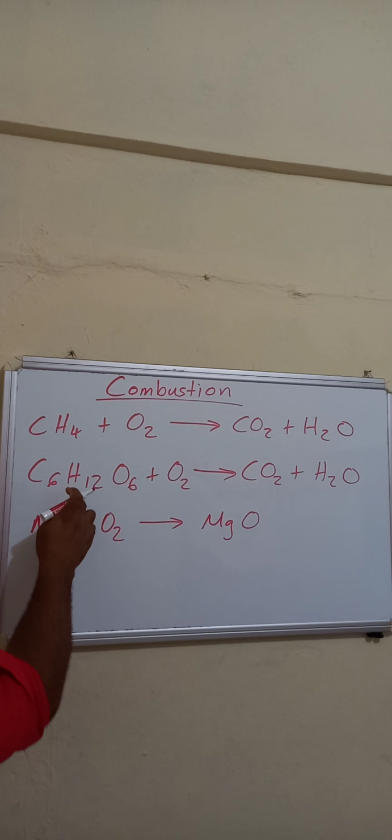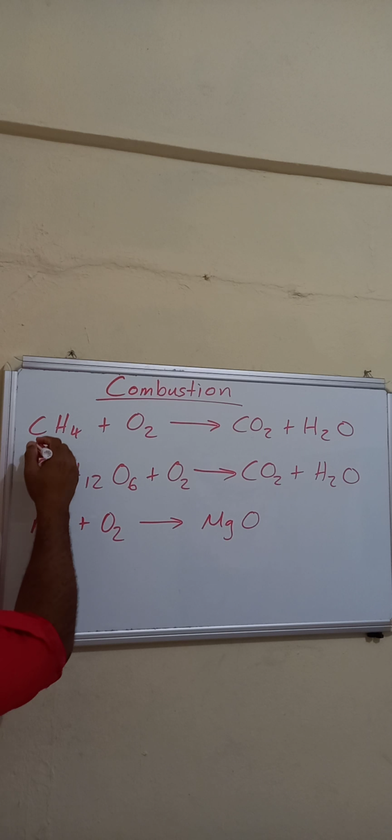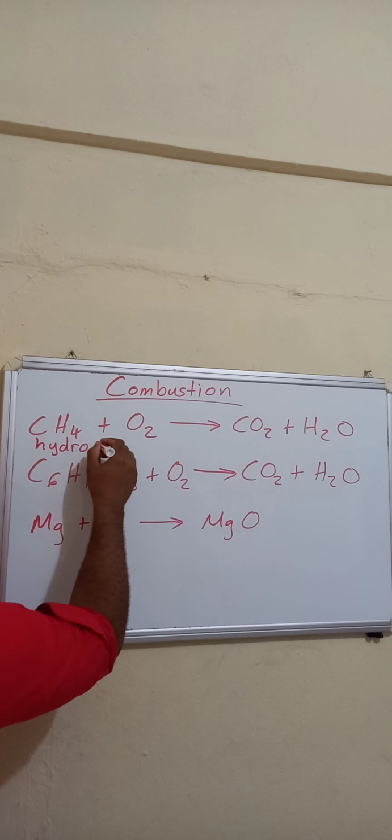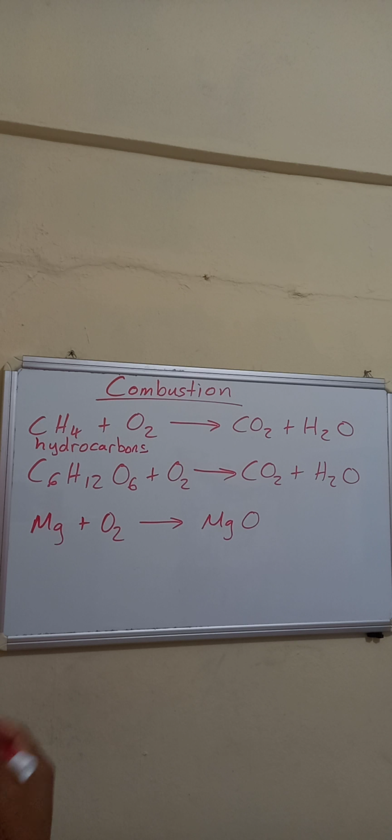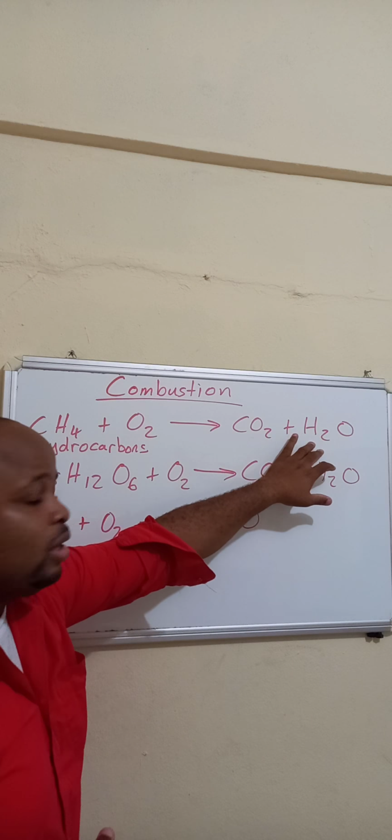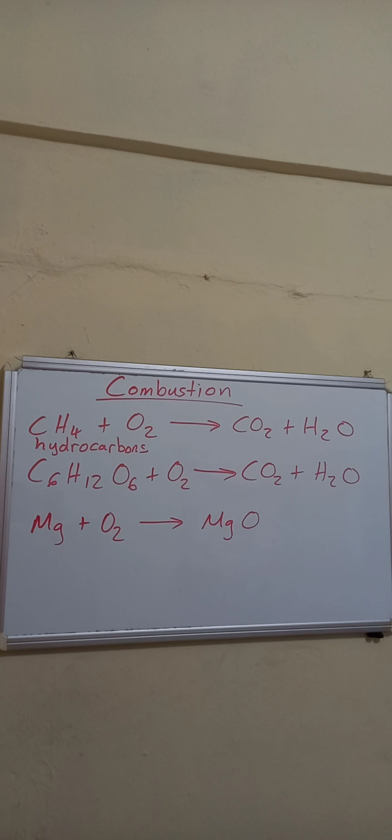So hydrocarbons, like propane, methane, all of those, when you burn them, you get carbon dioxide and water. Of course, it's a lot of heat, so the water is in the vapor state, not a liquid. In cellular respiration, glucose reacts with oxygen, you get carbon dioxide and water.